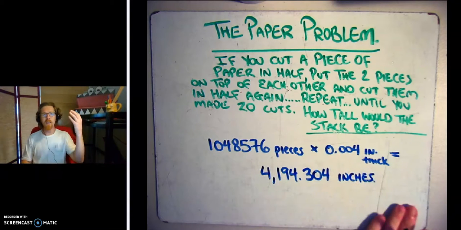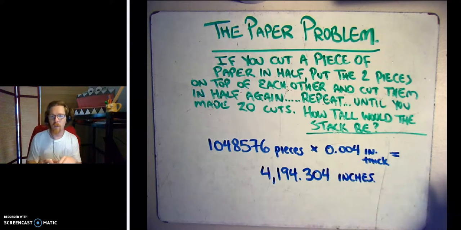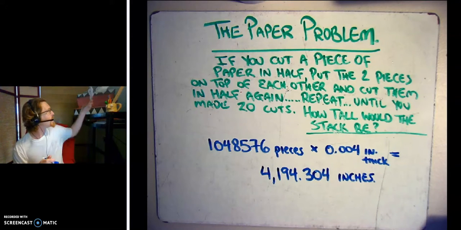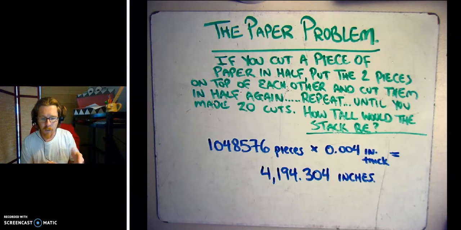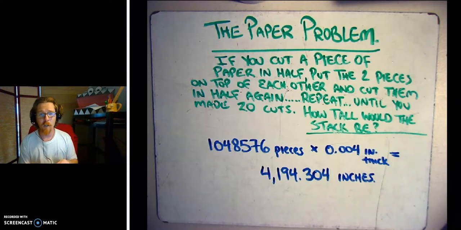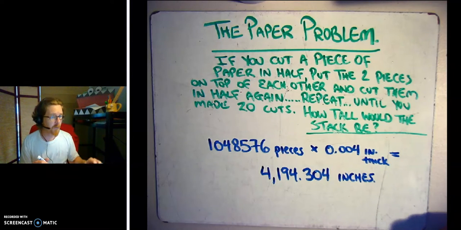Now, to visualize this is hard to say. So our answer would be it is 4,194.3 inches tall. But visualizing that really doesn't make any sense because I know there's 12 inches in a foot, and I know that there are 3 feet in a yard. And because this is so many inches, maybe we should convert this to yards.